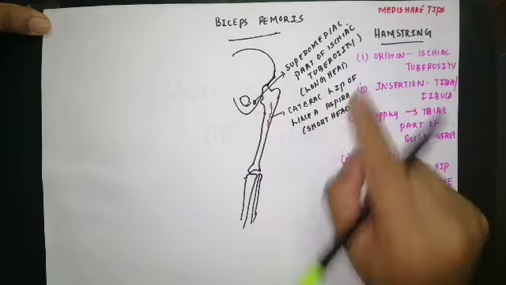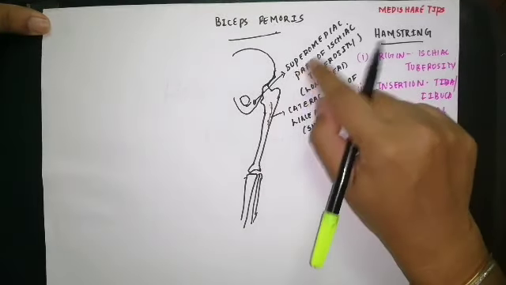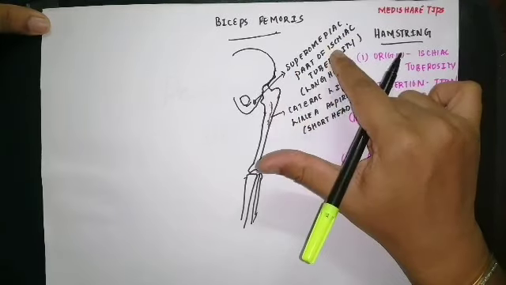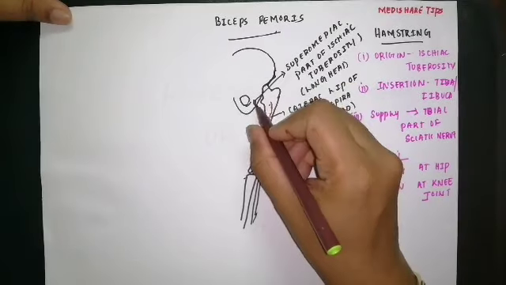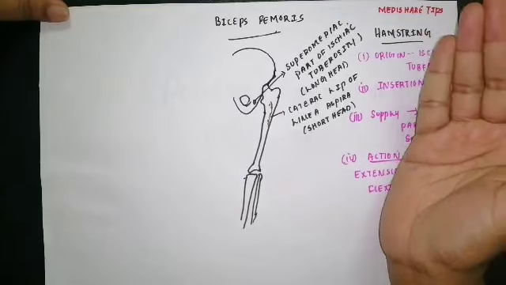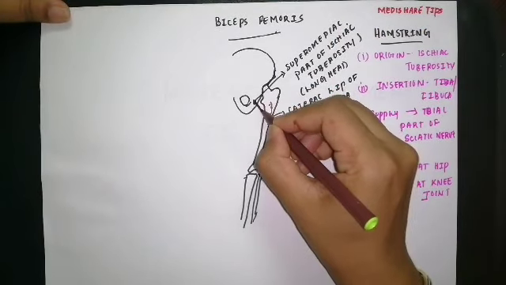And this short head is not actually a hamstring muscle. It doesn't form a part of hamstring muscle. Only the long head of biceps femoris muscle is called the hamstring muscle. So both these heads, one originating from the ischial tuberosity and the other originating from the lateral lip of linea aspera, join together.